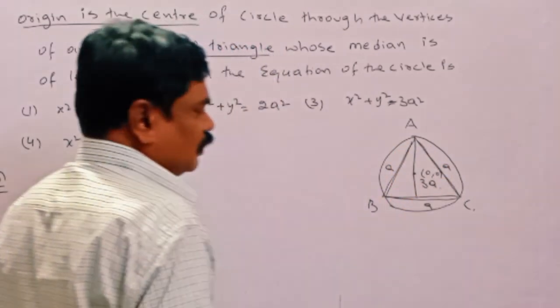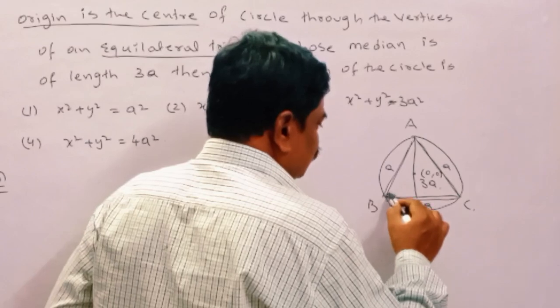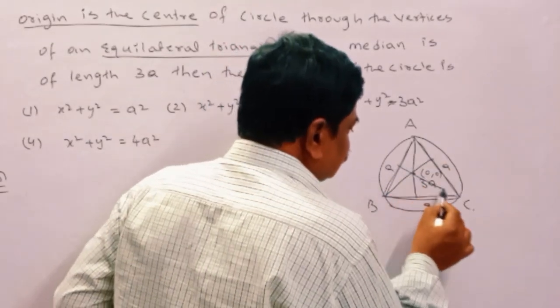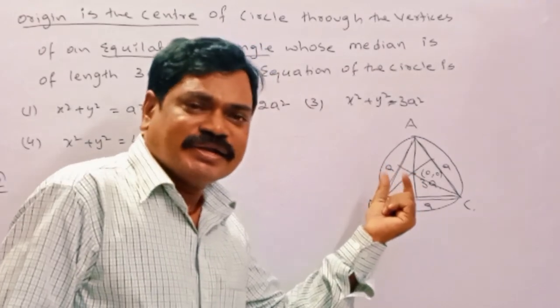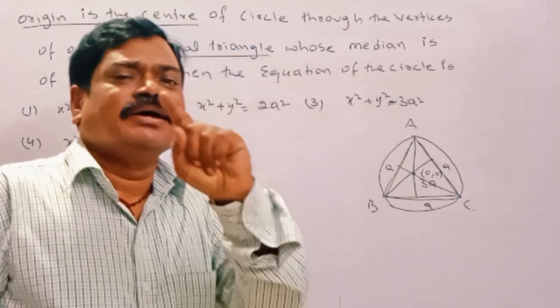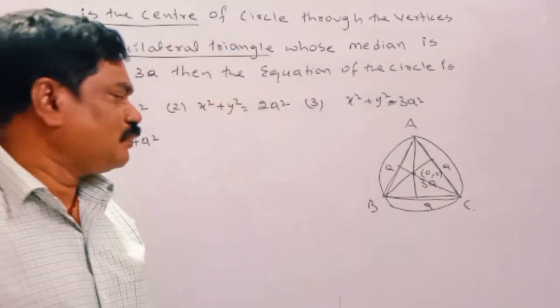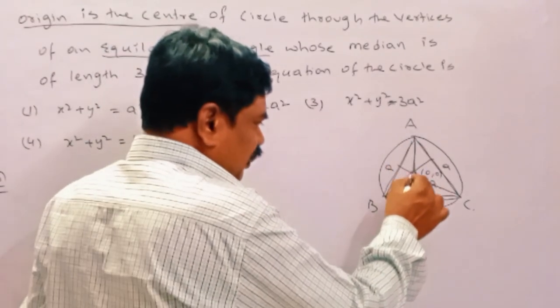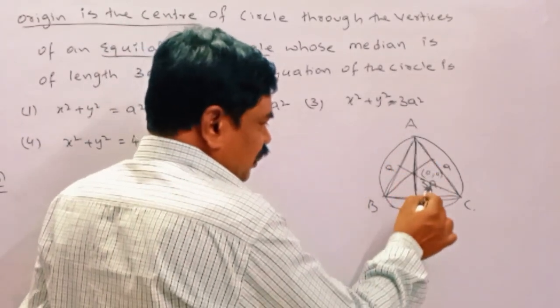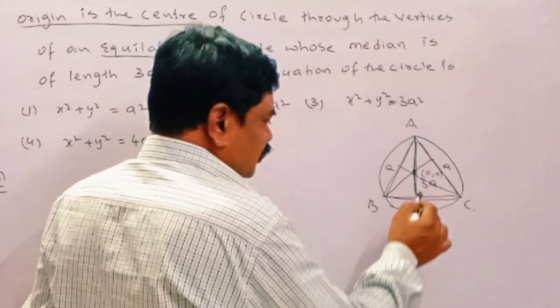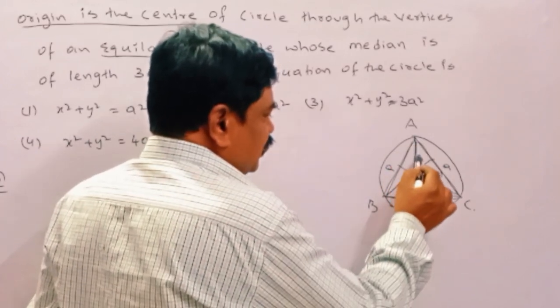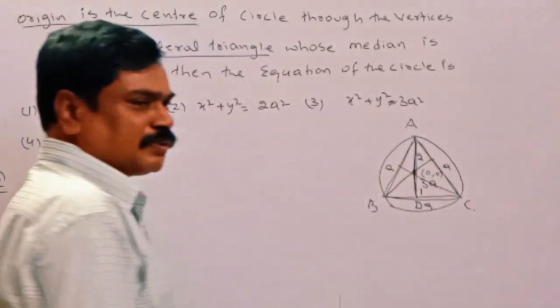The median is 3a. Here this is one median and this is another median. These medians intersect at the center of the circle. So this totally is 3a, and the centroid cuts AD in the ratio 2:1.